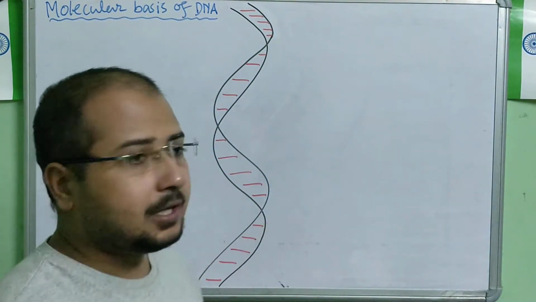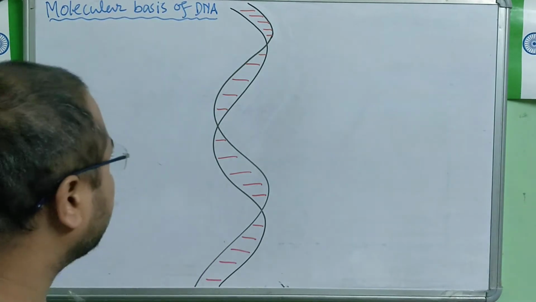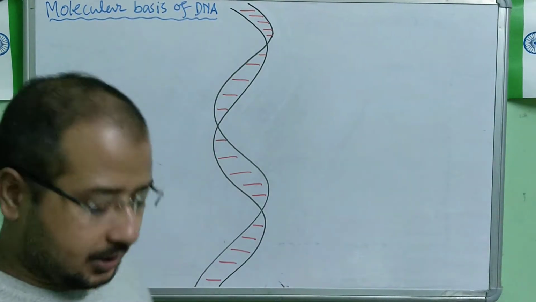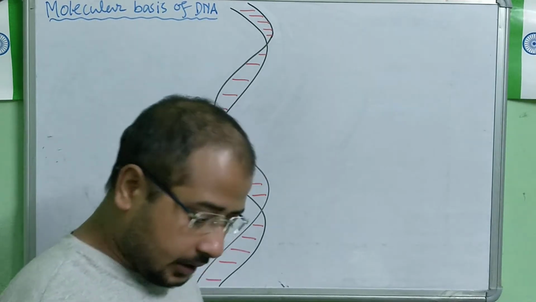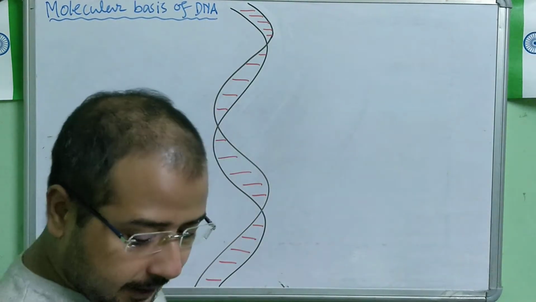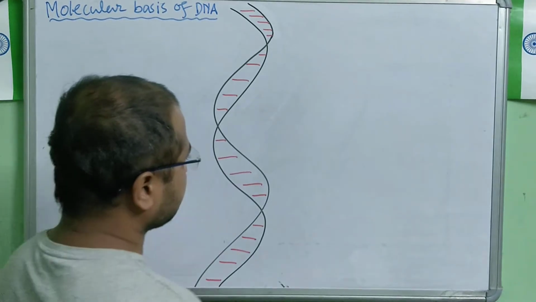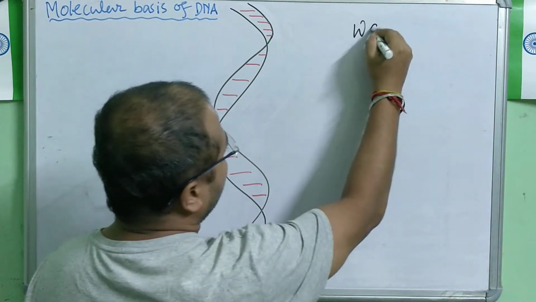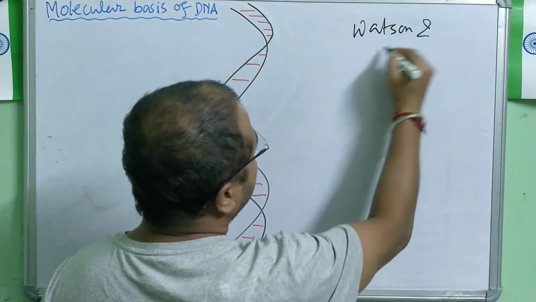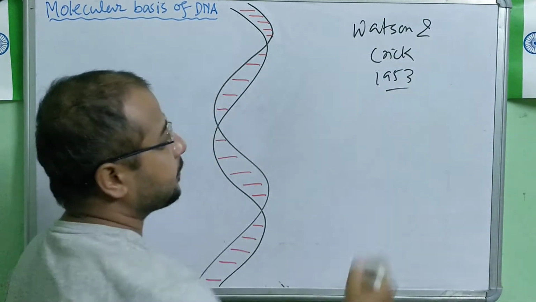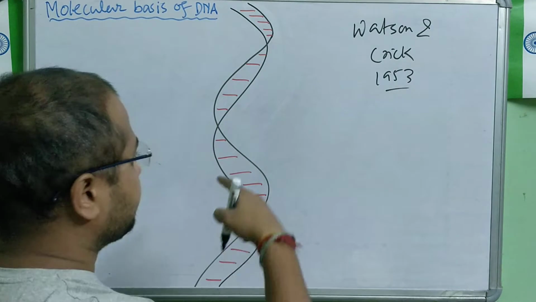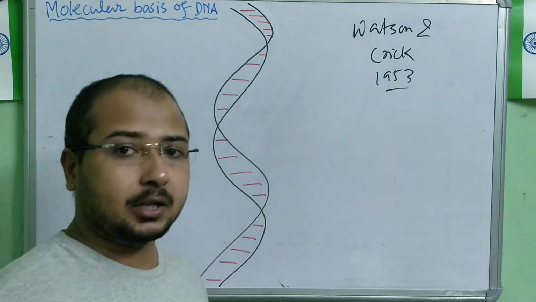So you can see here I have drawn a structure of a DNA. This is a double stranded model or double helix model of DNA. This model was proposed by the scientist Watson and Crick in 1953. They proposed this model, double stranded model of DNA.